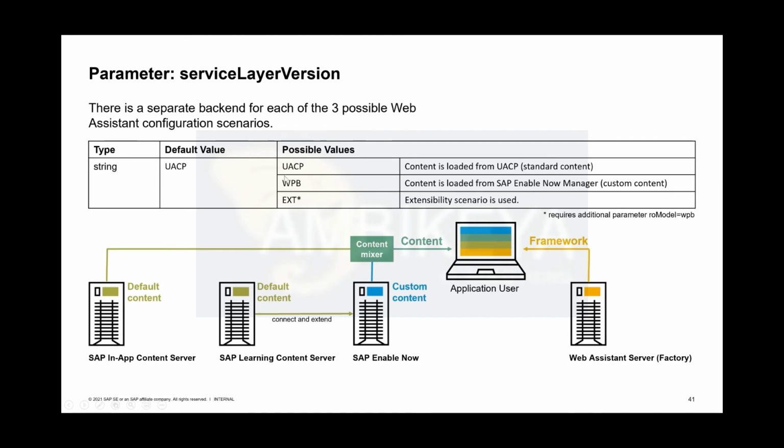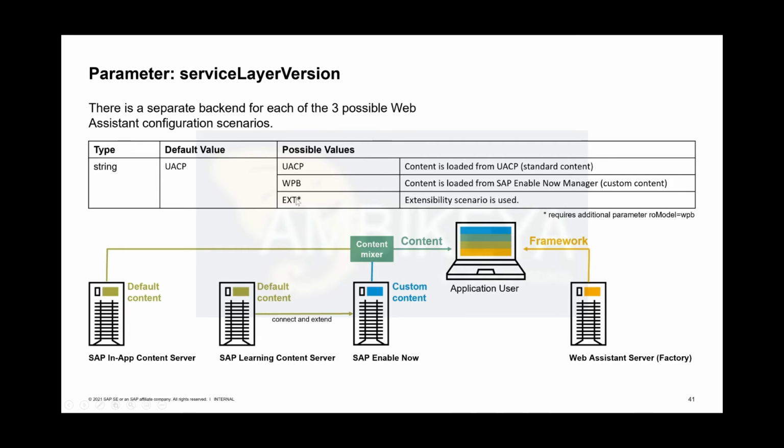So wherever you find WPB, I just realized when I looked at the update of the link generator that SEN is now in. It's just the other namespace, but it's the same. Content is loaded from a manager. Custom content only scenario. And Ext is the extensibility scenario where all three servers are involved. One is inheriting to the other.